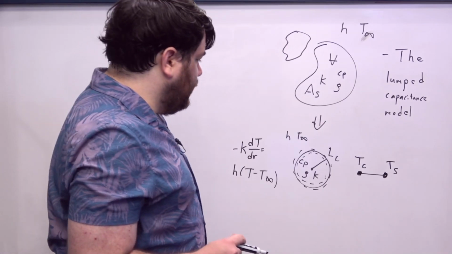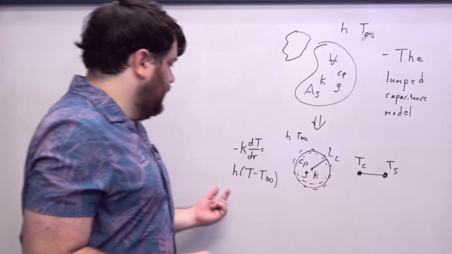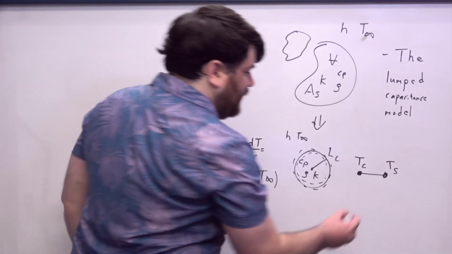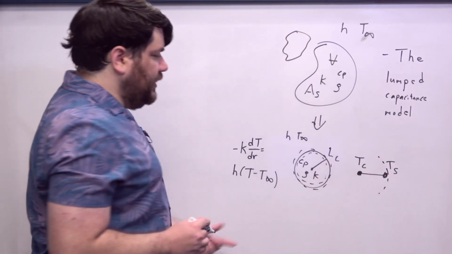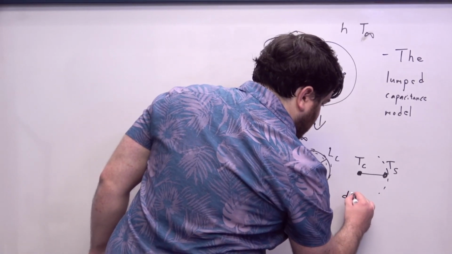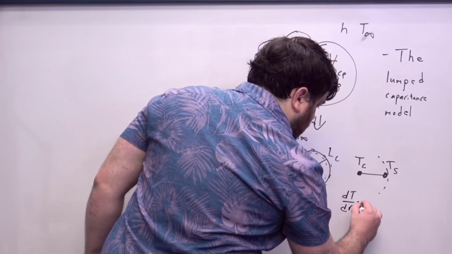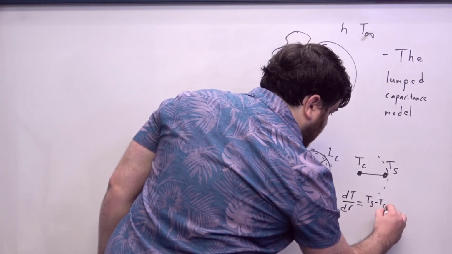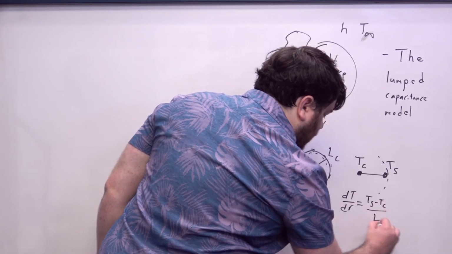Okay? And we can approximate, and this is not a good approximation, right, that this characteristic length is small enough that dT/dr can be approximated as (Ts minus Tc) divided by Lc.